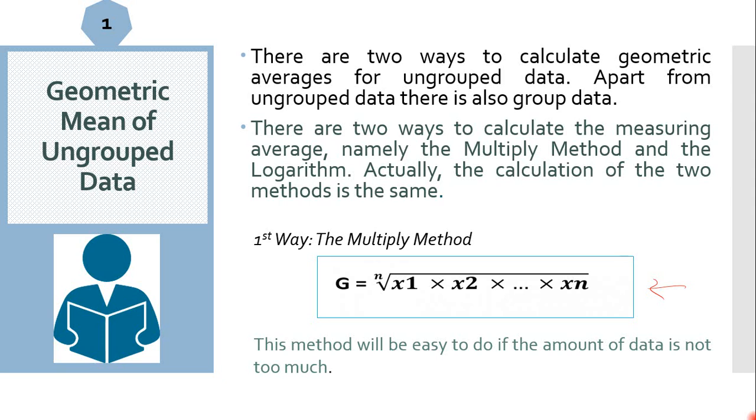So there is x1 times x2 times x3 and so on until the nth x or the last x. This method will be easy to do if the amount of data is not too much.